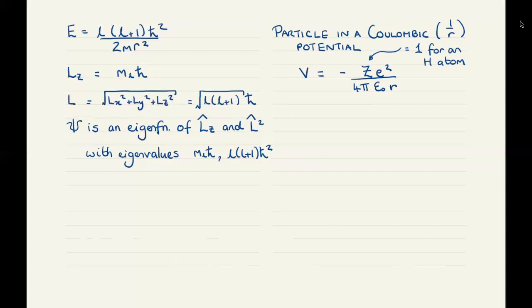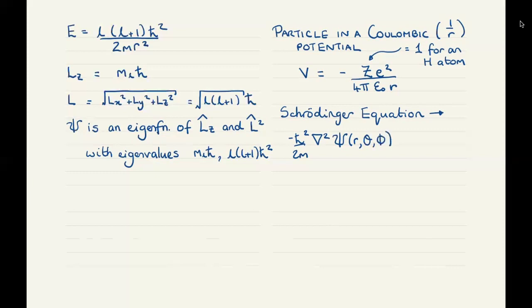And so now our Schrödinger equation has not only a kinetic energy term, but also a potential energy term. So it's minus h bar squared over 2m del squared of psi, where our wave function now is a function of r, theta, and phi.